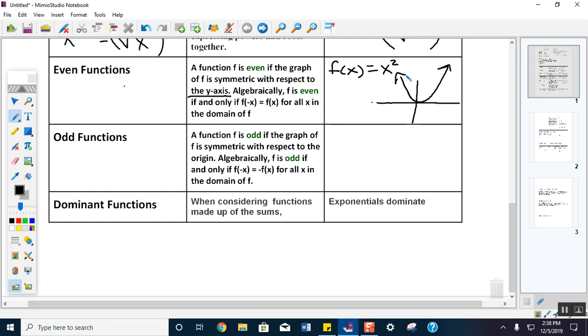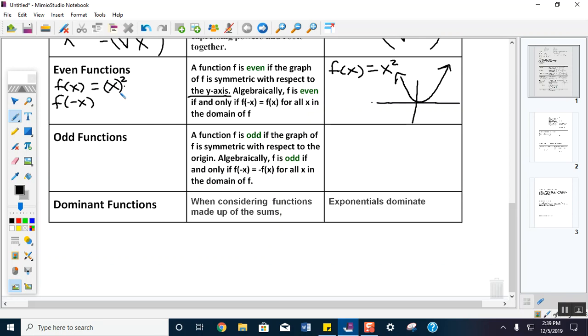And I can say that this is an even function because, kids, watch this. F of x was equal to what in the beginning, kids? X squared. So I can say f of x was originally x squared. Guys, what if I replace the positive x with a negative x? What they're really saying is replace this x right here with a negative x and square it. But what would negative x times negative x equal on the end again? Positive x squared.